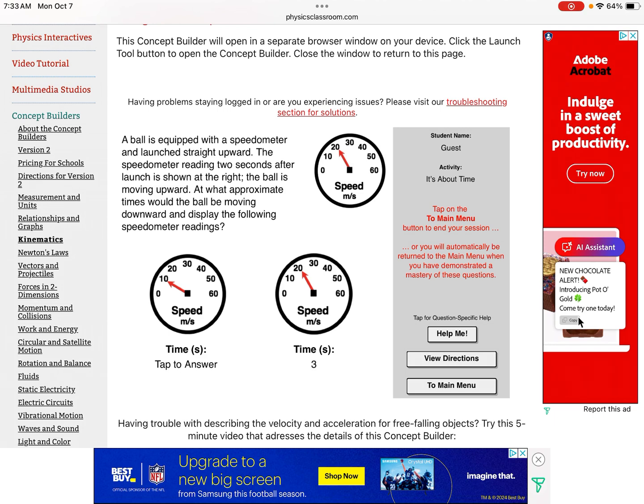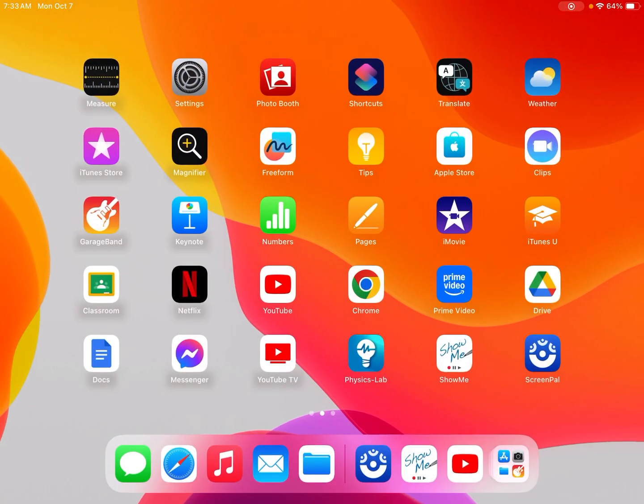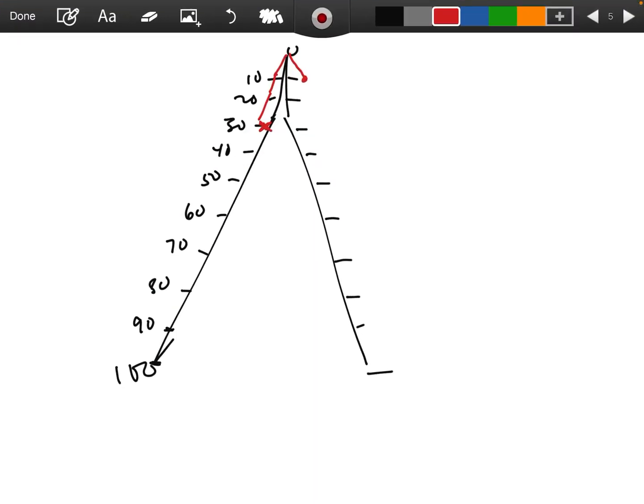So that means it could actually have two answers, because you could mean 30 up and 30 down. In that case, you just keep tapping through the answer choices. One of the answer choices, they'll tell you, not this one. So that means you have to choose the other answer choice, so to speak.